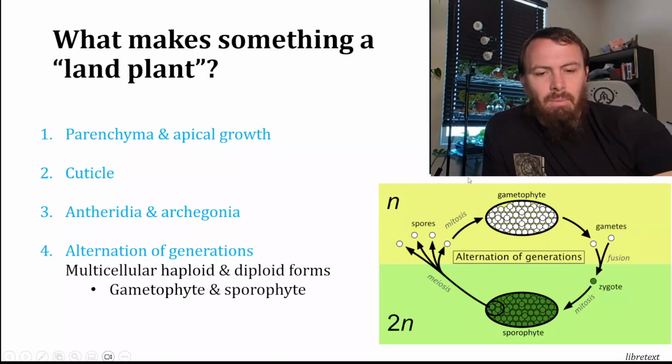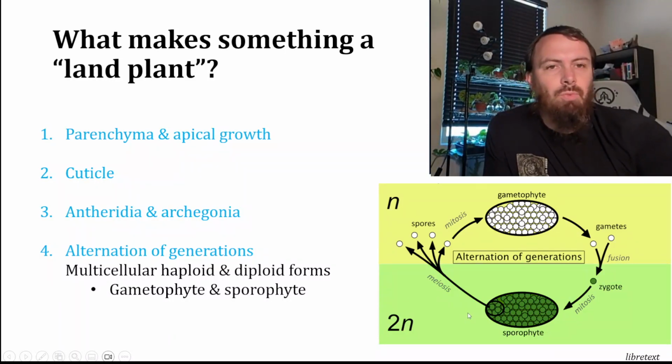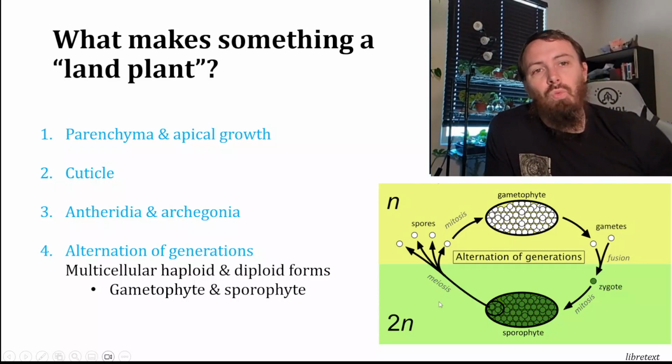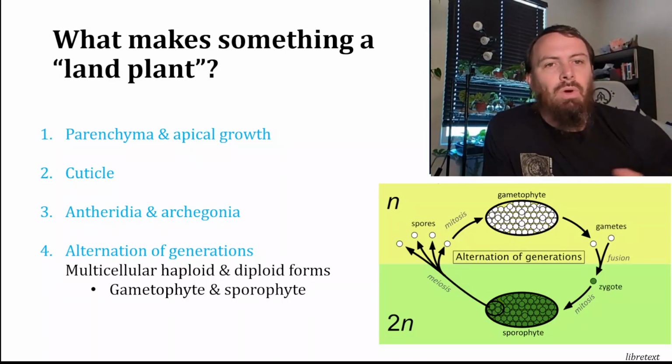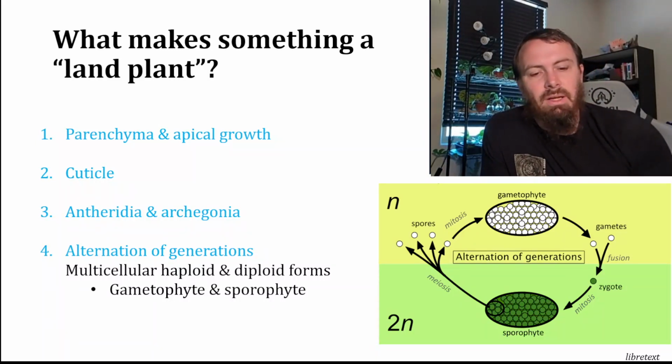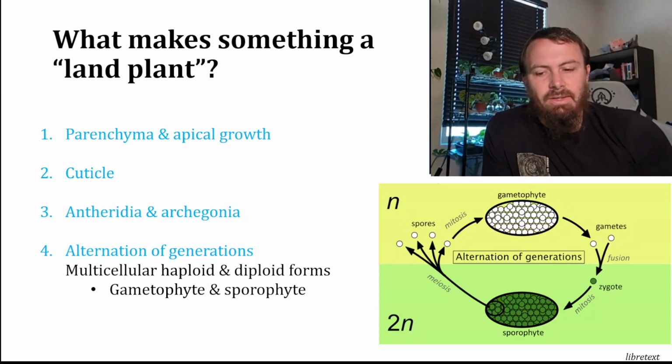What's cool here is that one of these generations will be haploid, the gametophyte, and one of them will be diploid, the sporophyte. Remember, haploid means one copy of each chromosome, and diploid means two copies of each chromosome. We're going to ignore the fact that some plants can have more than two copies, but the same idea still holds.